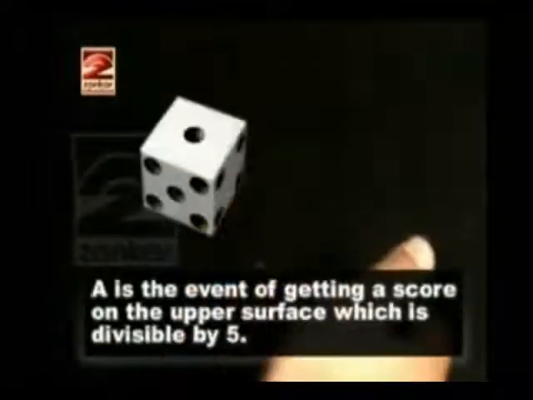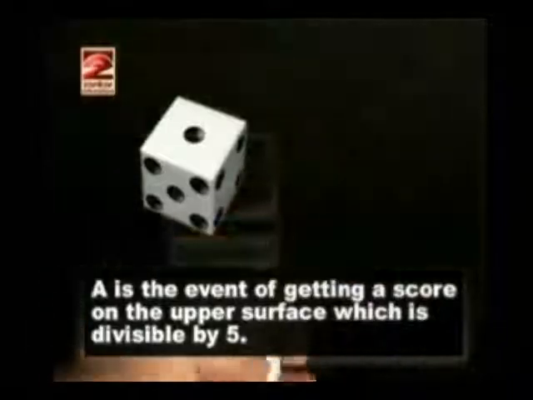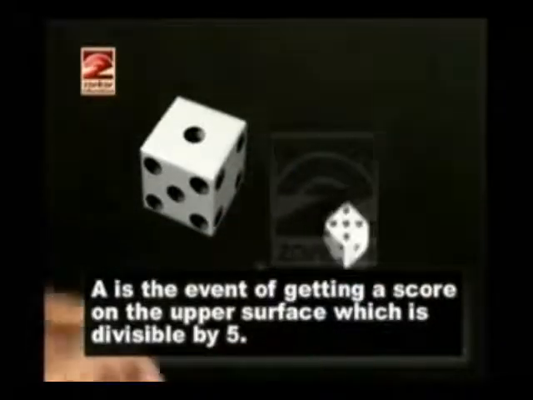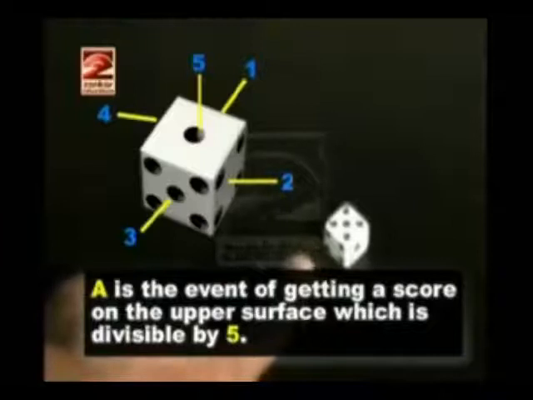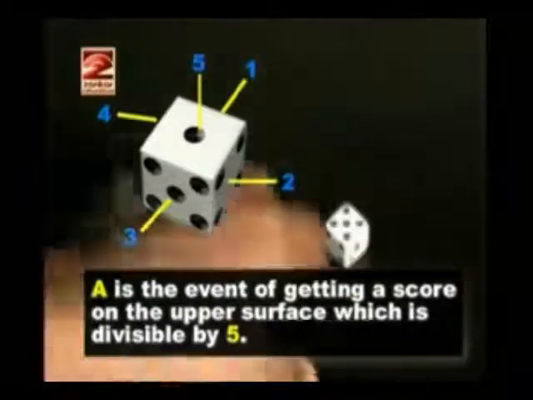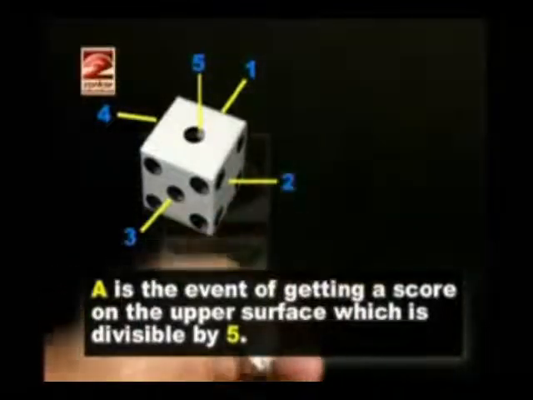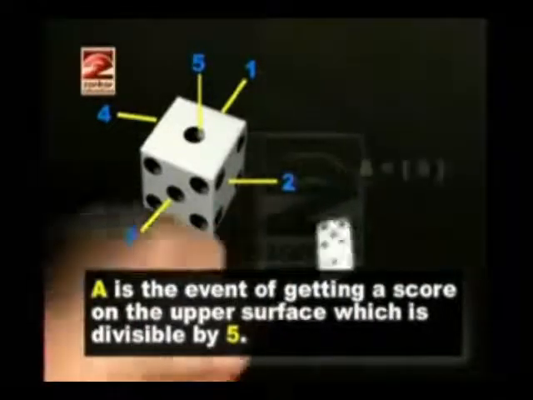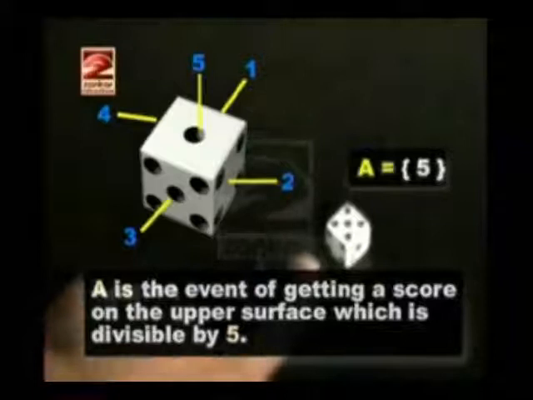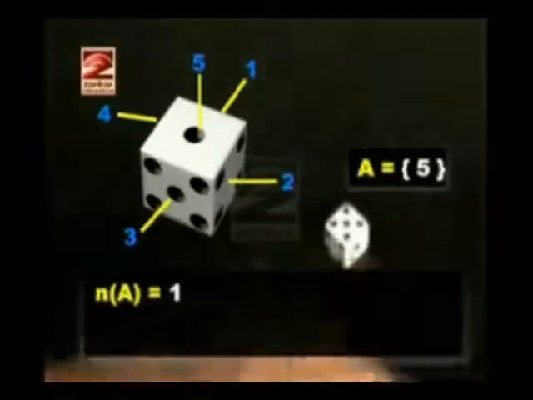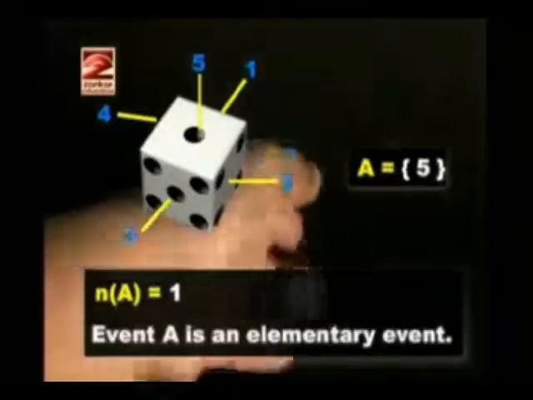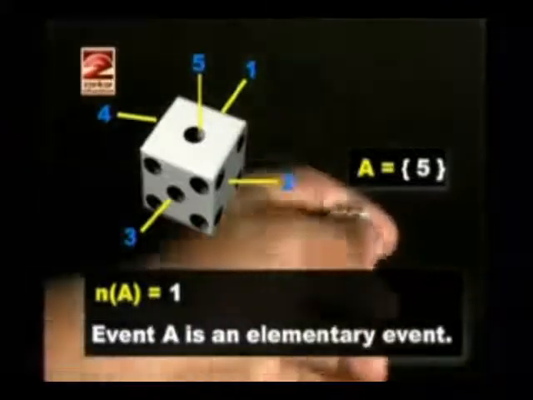Now A is the event of getting a score on the upper surface which is divisible by 5. Now here 5 is divisible by 5. So this event is having one sample point. Therefore A = {5}. Therefore n(A) = 1 and event A is an elementary event.